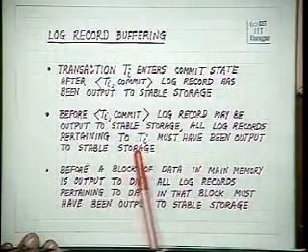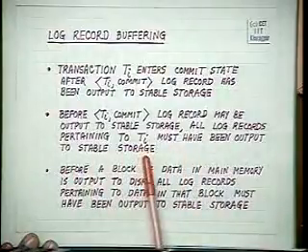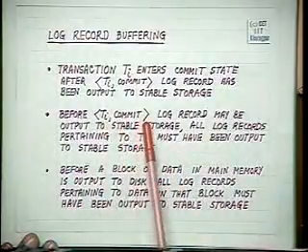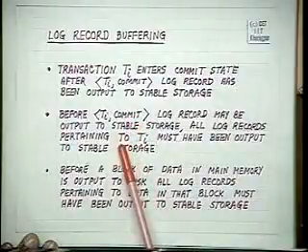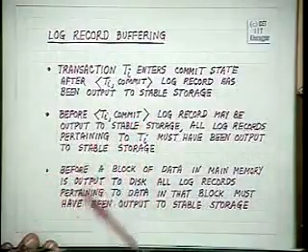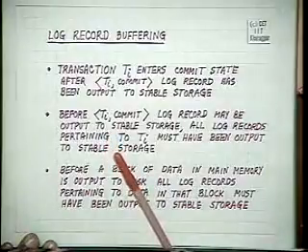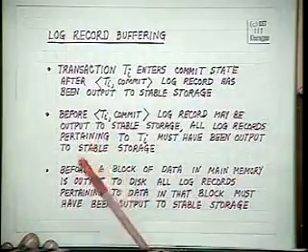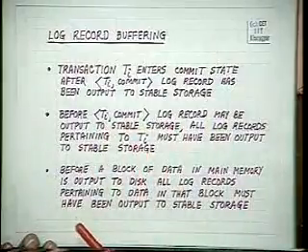But this was quite natural in our previous case when we were putting them one after another, because Ti commit was the last log record that was to be written. But now, since there may be various such blocks in the memory that have not been output to stable storage, you will wait for some time, maybe 2 or 3 blocks are full, then you will write them all onto stable storage. If you have a buffering algorithm like this, you must take care that this issue is also taken into account.